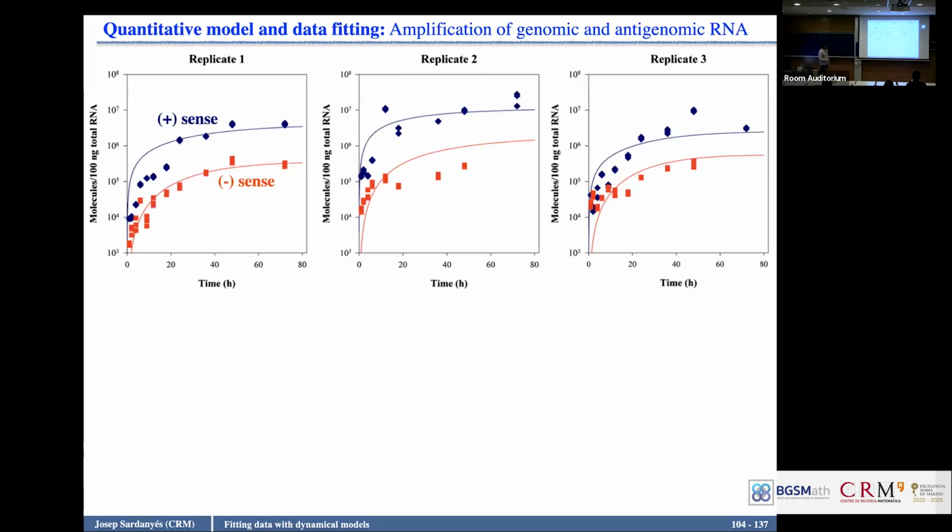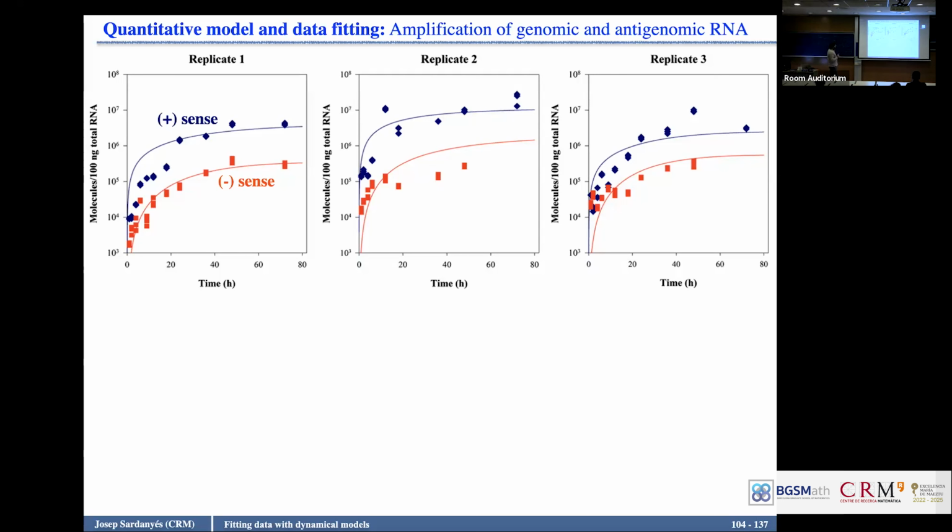After we have the results, these are 3 replicates. The diamonds are the positive sense strands, and the squares are the negative sense strands, genomes, and the experimental data. The solid lines are the best fit obtained with the model I showed you.